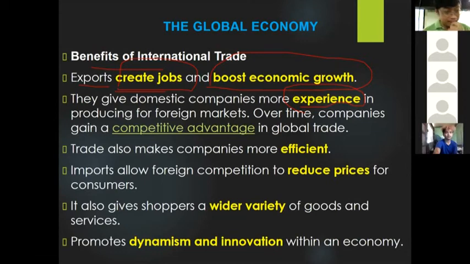Halimbawa dyan, yung Sarao, gumagawa ng PUJ or jeepney. Ang competition ng Sarao is yung mga foreign car makers, Toyota, Ford, Mitsubishi, Chevrolet, at kung ano-ano pa. Now, ang Sarao, from being a traditional vehicle maker, pwede siyang gumaya doon sa mga technologies na dala nung international trade, no?